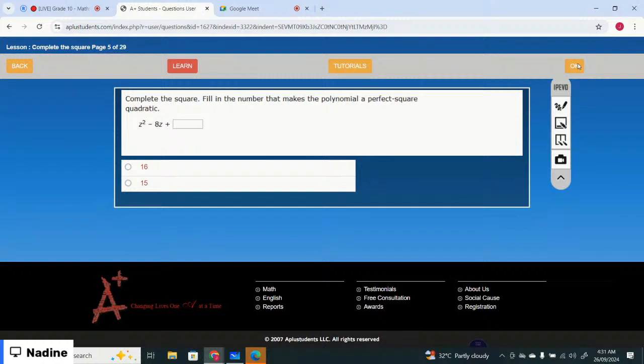Complete the square. z square minus 8z plus the missing number.